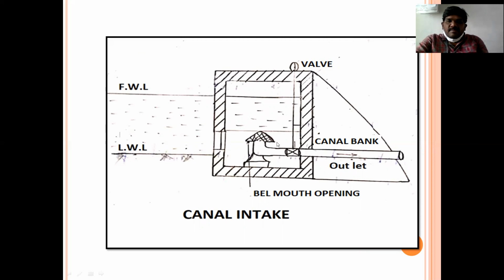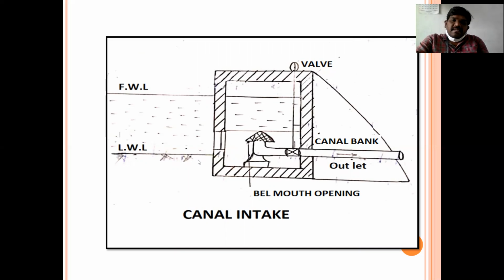That means if you keep this bellmouth opening at full water level, once water levels are not full, you may not collect the water. If you keep the bellmouth opening at the bottom, you may collect the water even when the water is low. See here, the water enters into the brick chamber through this inlet, where some amount of pollutants will be stopped.